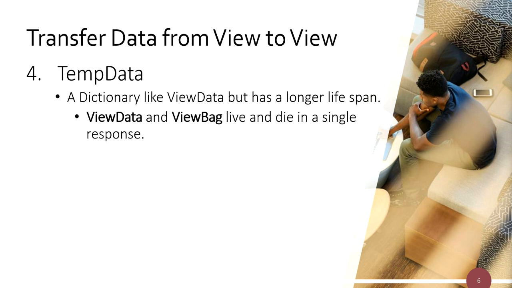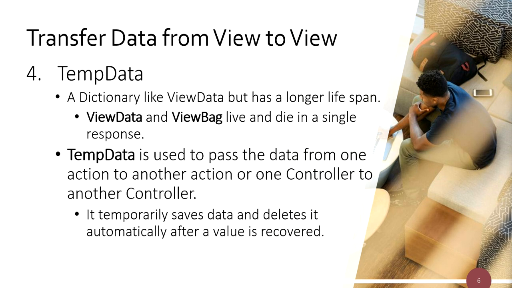TempData, on the other hand, has just a little bit longer lifespan. So it's mainly used to pass data from one action to another action, or even one controller to another controller. Basically, the data in there is persisted or saved, and then it gets automatically deleted after it's been recovered. In other words, once you access it, then it's gone.